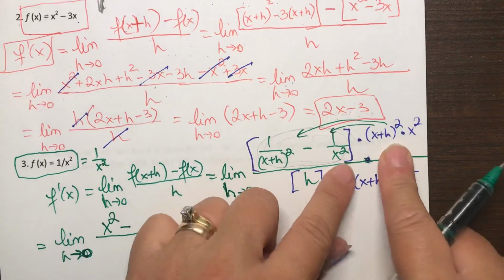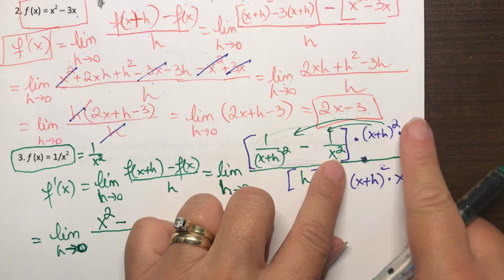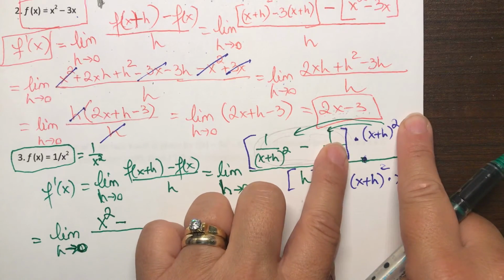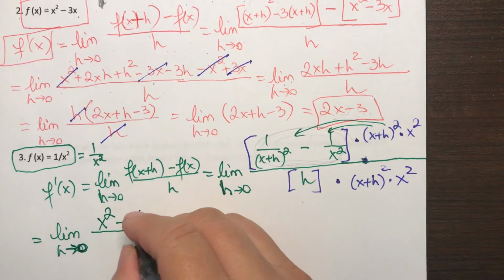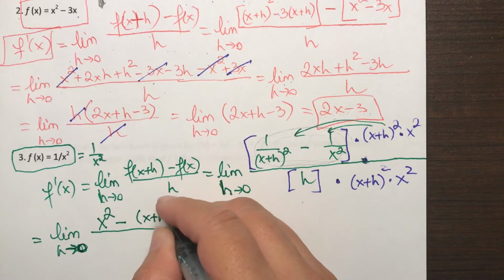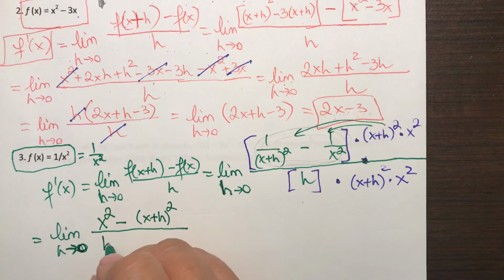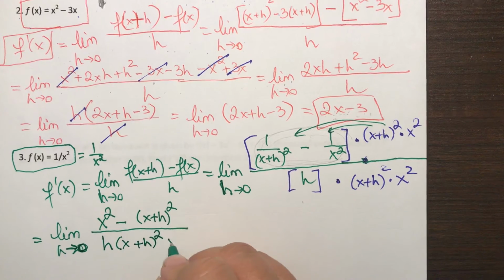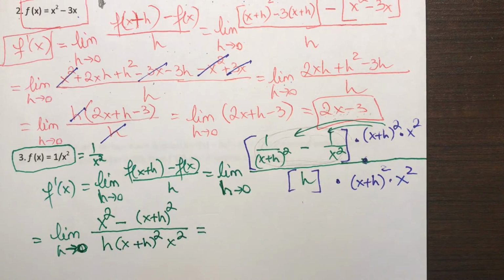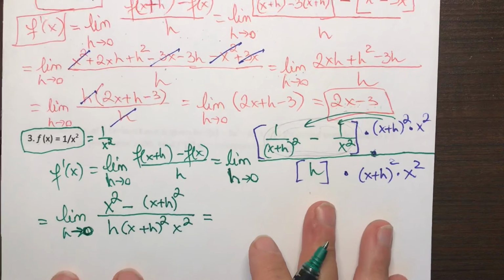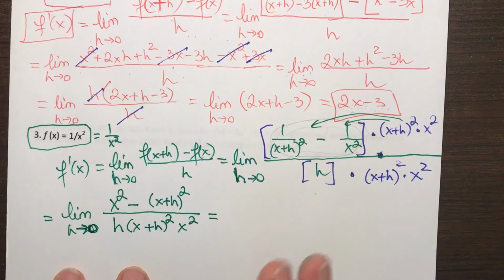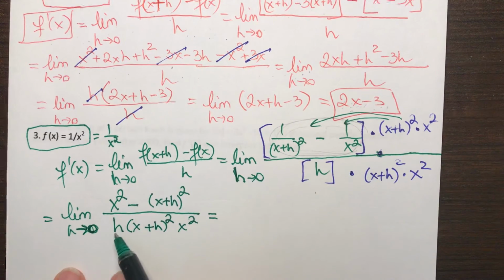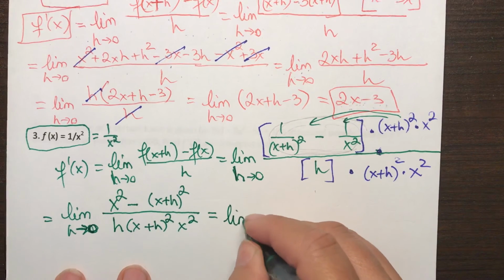When I multiply to the second fraction, what's going to happen? The x squared is going to go away, and you are left with x plus h quantity squared. The bottom has an x plus h squared and an x squared. So don't distribute this. Don't worry about it. What we need to do, again, our goal is to be able to reduce this h. Yes, and so far it still doesn't look like I can.